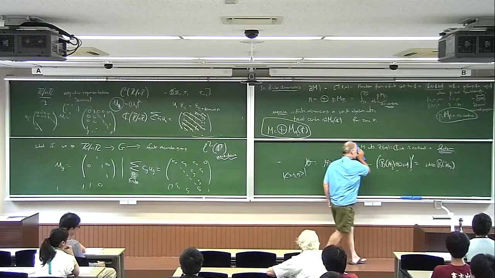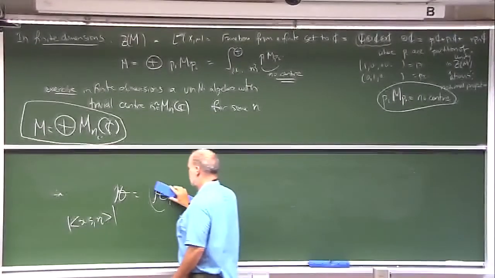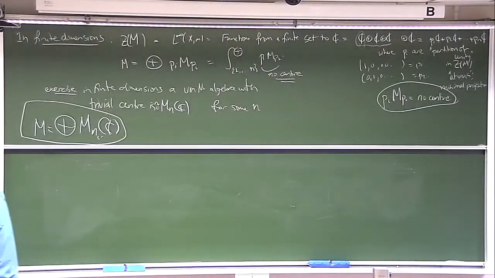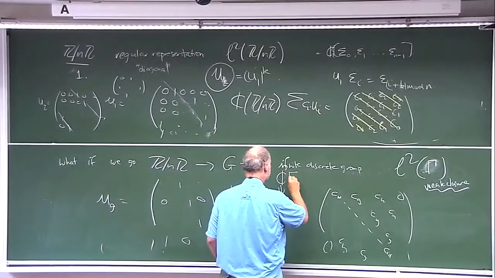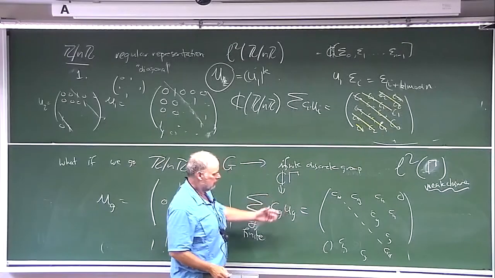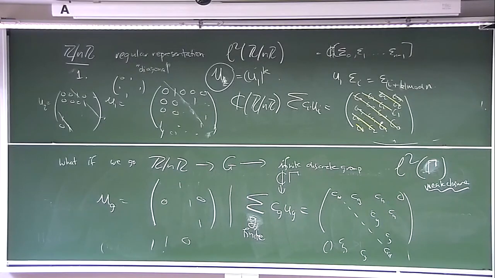Okay? So if we take the weak limit, here's the big deal. We've got the group algebra, if you like. This is an element of the group algebra of gamma, C gamma, a finite linear combination of the UGs. It's displayed all of these things as matrix coefficients.